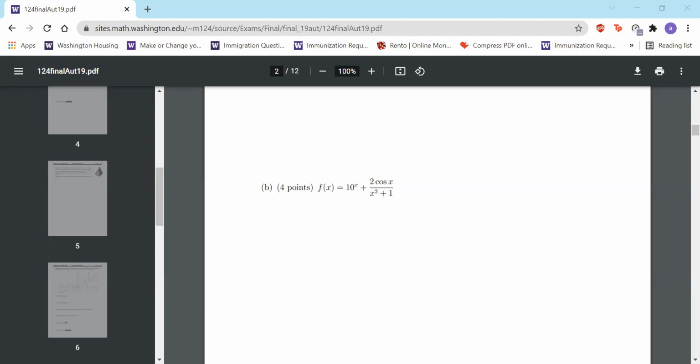There's going to be a quotient rule because we have a numerator and a denominator. The tip is when you have a rational function, always just do quotient rule unless it's a trig identity, like cosine x over something, that can be rewritten as another trig function.